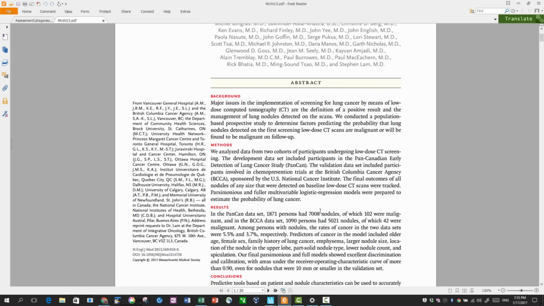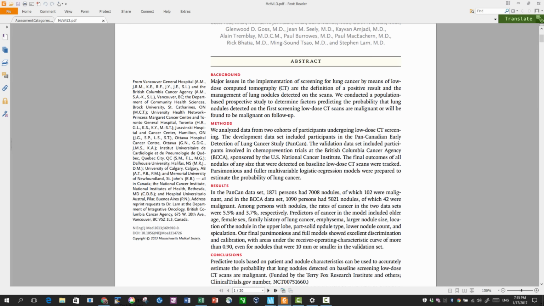They had in total 7,000 nodules in their database, of which 100 were malignant, and they found that the predictors of cancer in the model included older age, female sex, family history of lung cancer. These are patient characteristics that are actually not available for the challenge that we're dealing with, so you cannot use this information. Presence of emphysema makes the nodule more likely to be cancer.